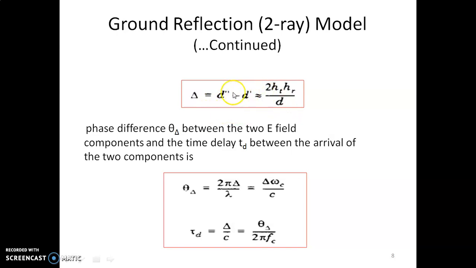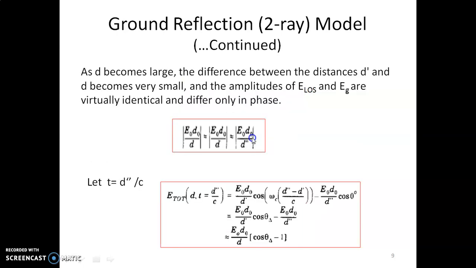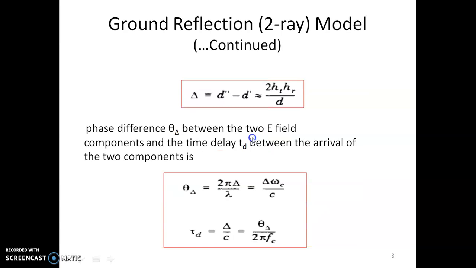If you know the path difference, you can calculate the phase difference. Phase difference theta delta between the two electric field components, that is between the LOS component as well as the ground wave component. And this tau d is the time delay between the arrival of the two components.